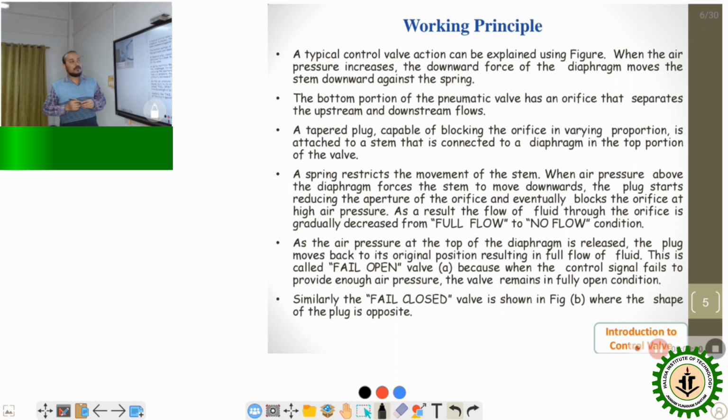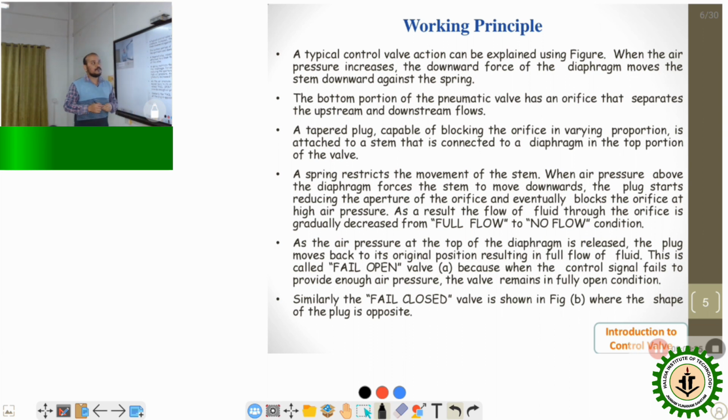So if we talk about the working principle, our typical control valve action can be explained using the figure we just discussed. When the air pressure is increased, the downward force of the diaphragm moves the stem down against the spring. Whenever you give an air pressure signal to the diaphragm, your stem will move, and according to the movement of the stem, your plug will restrict the path of the orifice.